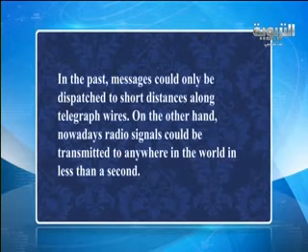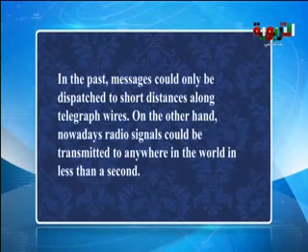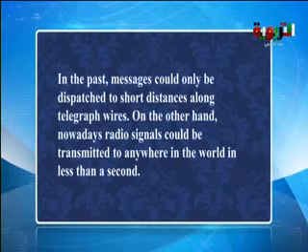In the past, messages could only be dispatched, which means to send off, to short distances along telegraph wires. On the other hand, nowadays, radio signals could be transmitted to anywhere in the world in less than a second. Did you see how I wrote it? You have to write your answer in this way. Do not write in points.